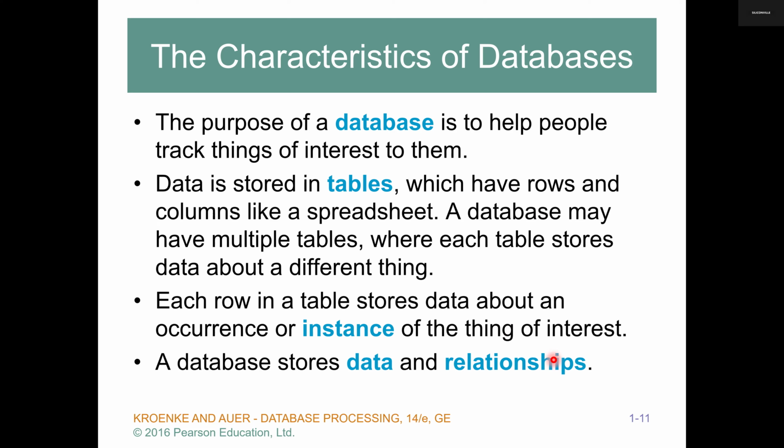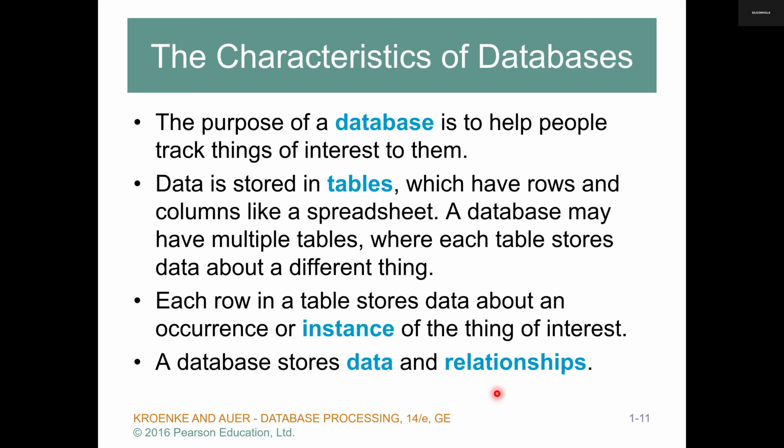Then everybody's information will be in a row, just like you have in an Excel sheet. That's what we mean. Each row in a table will store data about an occurrence or an instance of the thing of interest. If it's students, each row stores information about the students in that order.